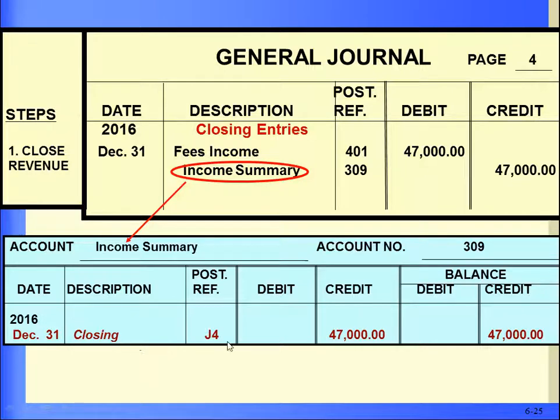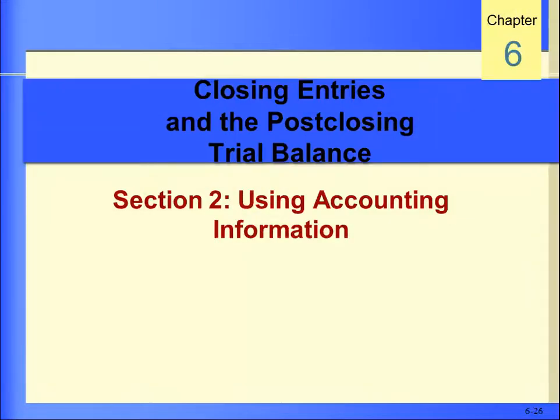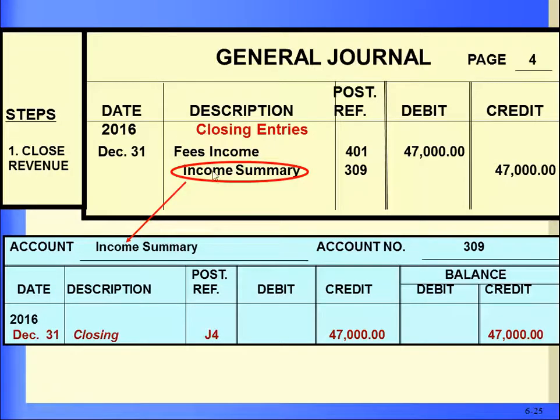We're closing it out, 47,000 credit, and that actually has a credit balance of 47,000. And then we're going to have our expenses, whatever that was, 13,333, we're going to have a debit balance when we do the expenses. Then that 47,000 minus the expenses, we're actually going to close income summary there too.